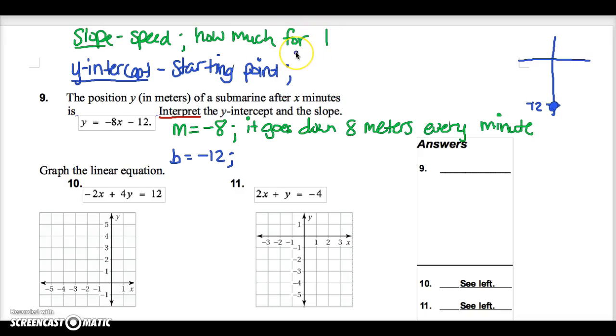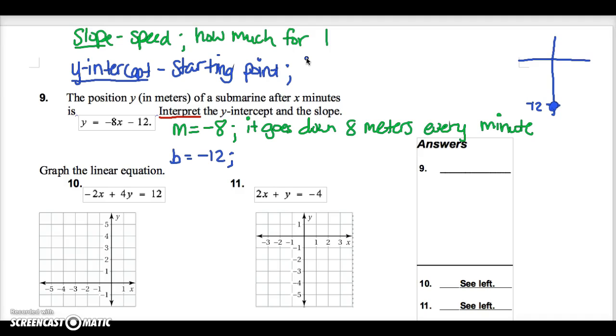Okay, so another thing you can think of with the y-intercept is like what you get or what you pay just for the pizza with no extra toppings. We've talked about that before. How much you pay just to have service for the phone that you have.